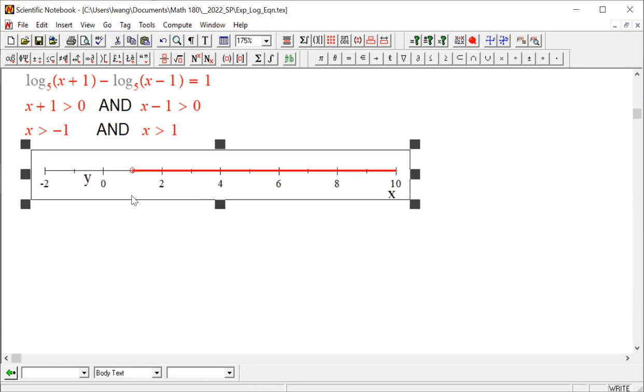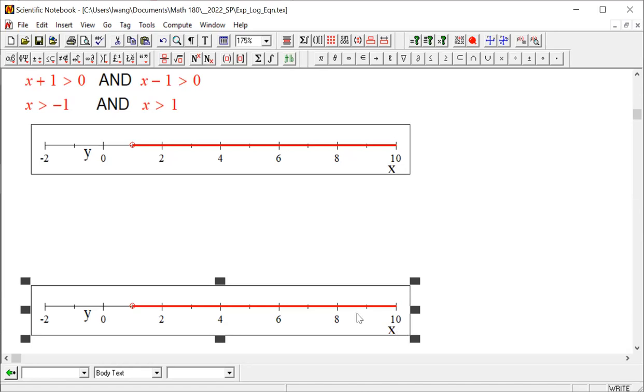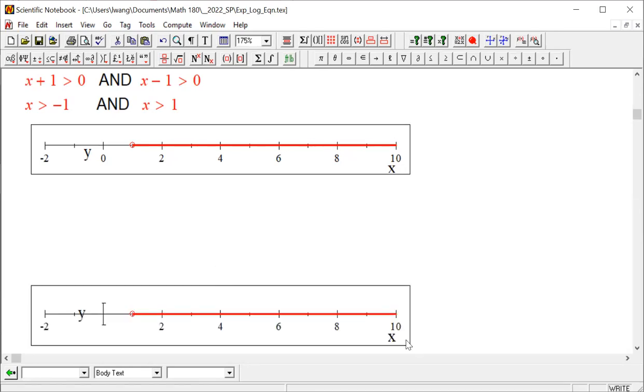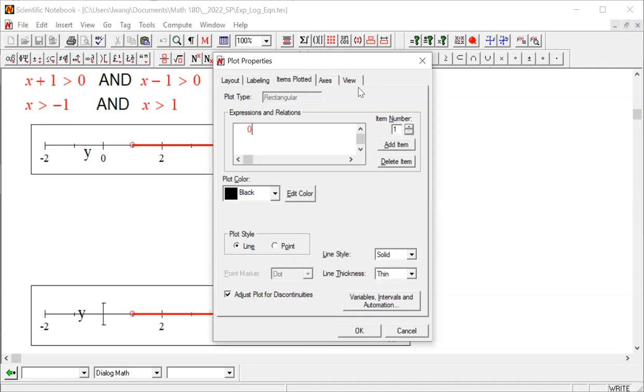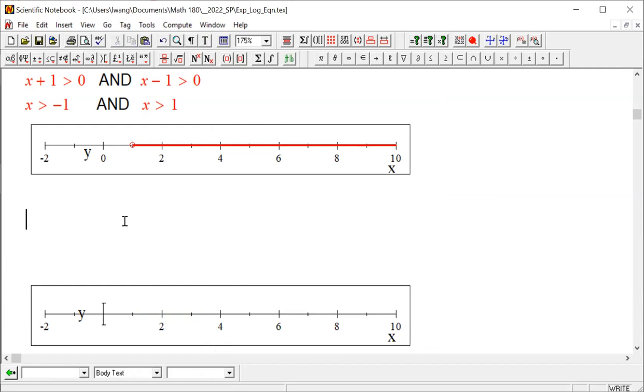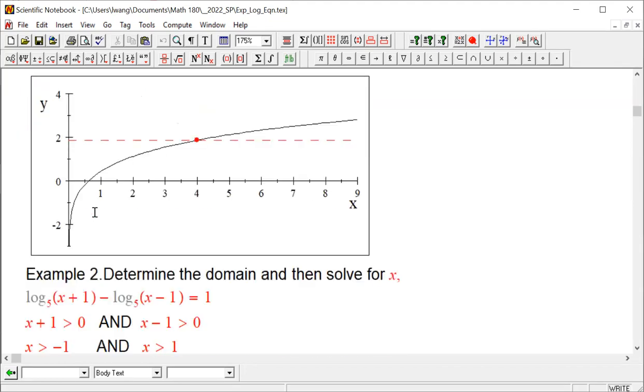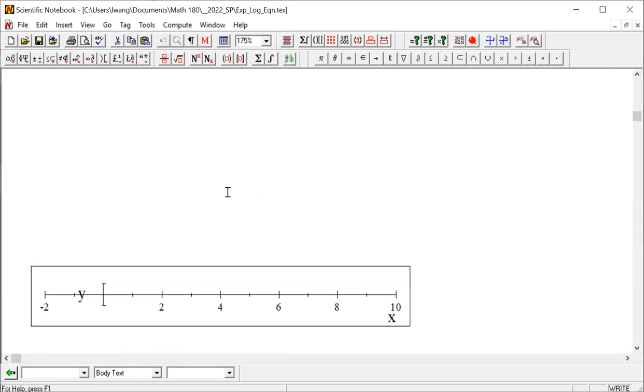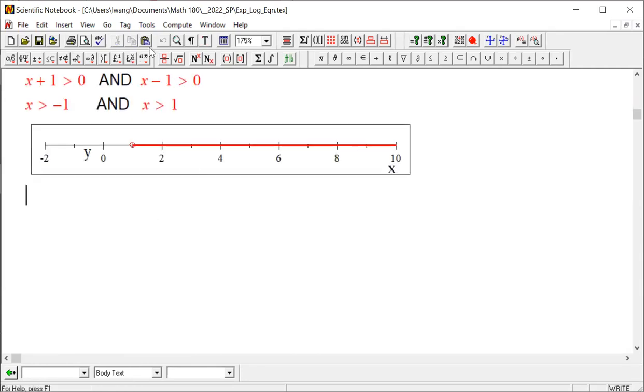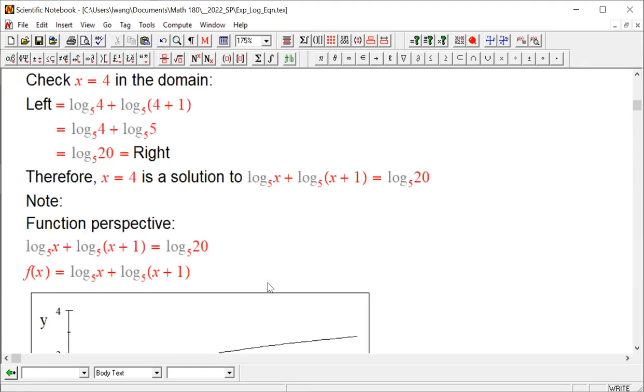I'm going to save this piece for future use, so I'm going to delete all that and just keep this blank thing for us to use in the future. Now we can start solving this. Everything is done in the domain, and we solve this equation, and the quotient rule would apply.